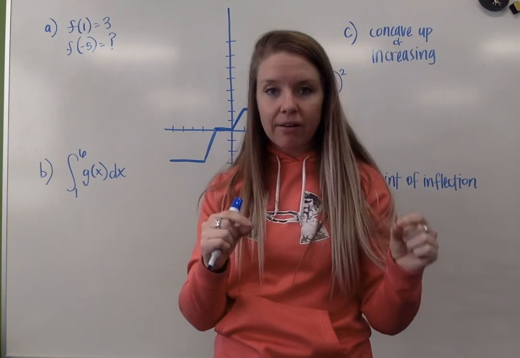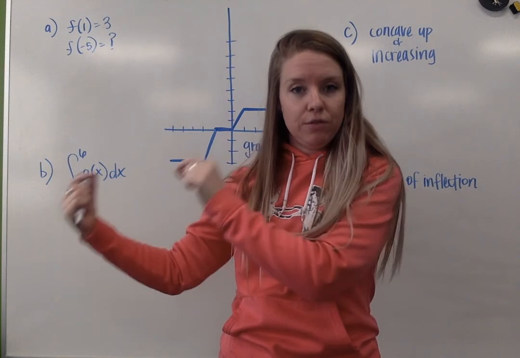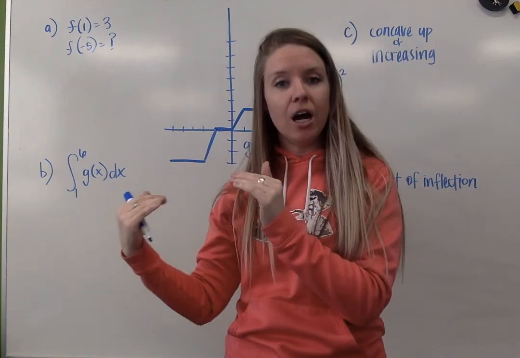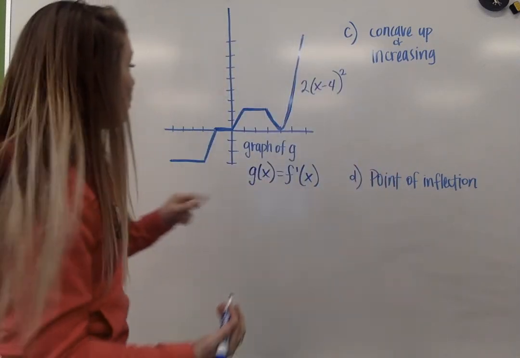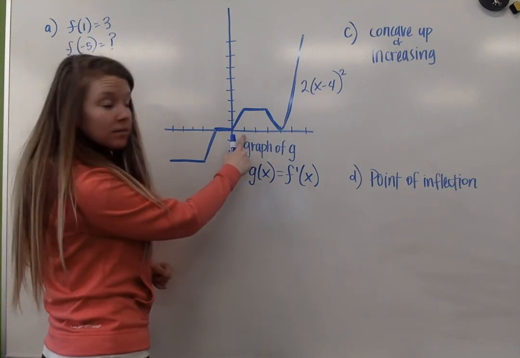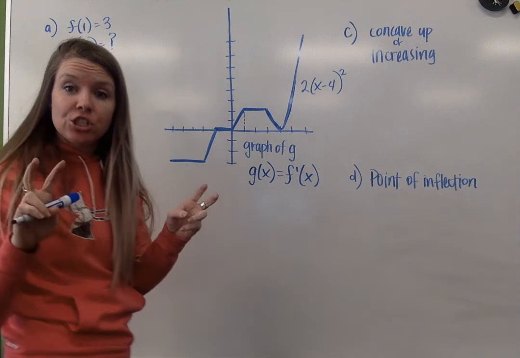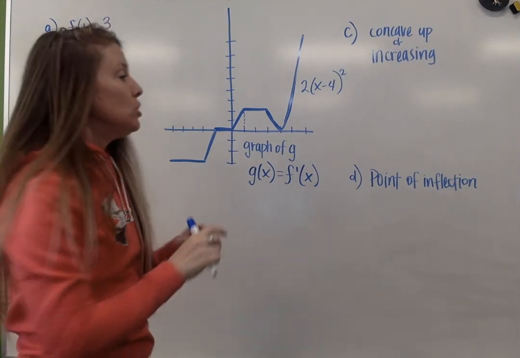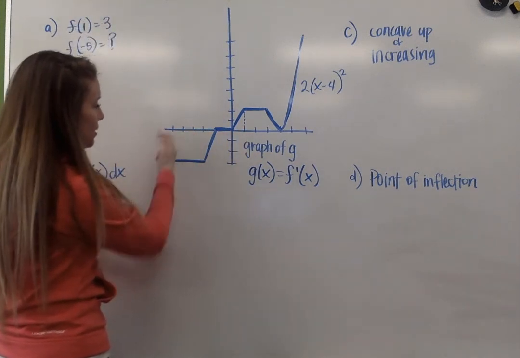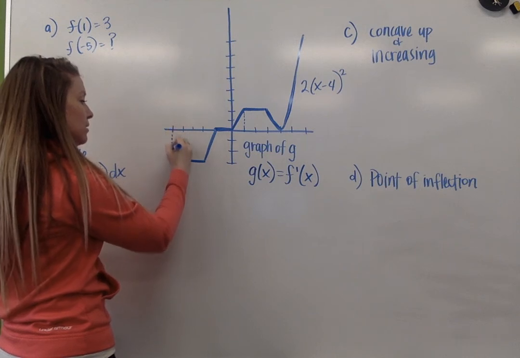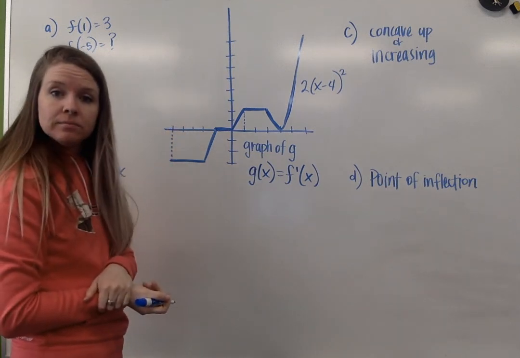Displacement is the area under the derivative curve, or the area under velocity. So at 1, so right here, we know our position is 3. So we need to know the area all the way back to negative 5.